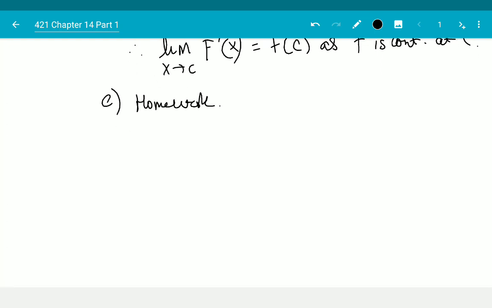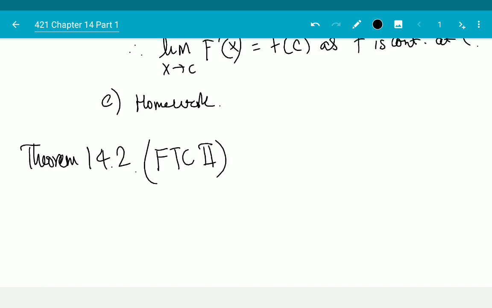And thus we get Theorem 14.2, whatever, I'll just call it FTC part 2, the second most important theorem.